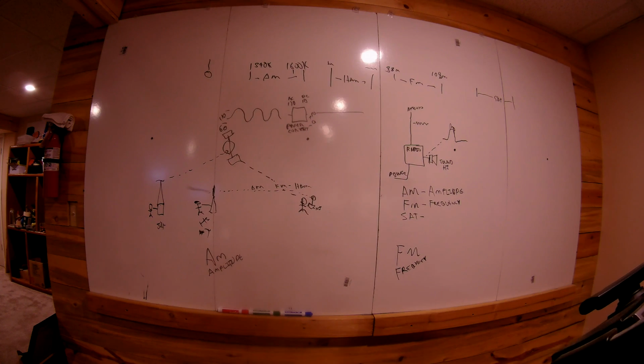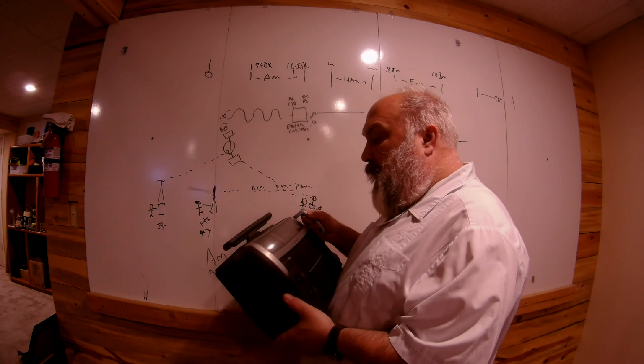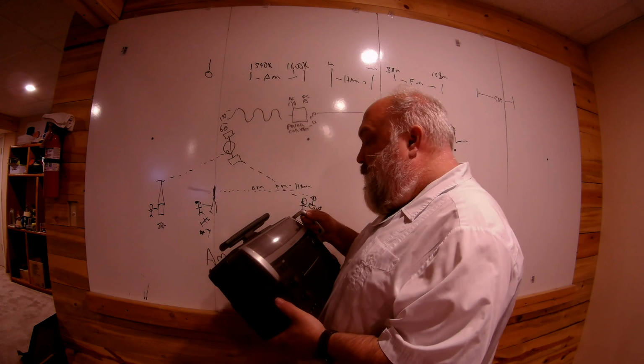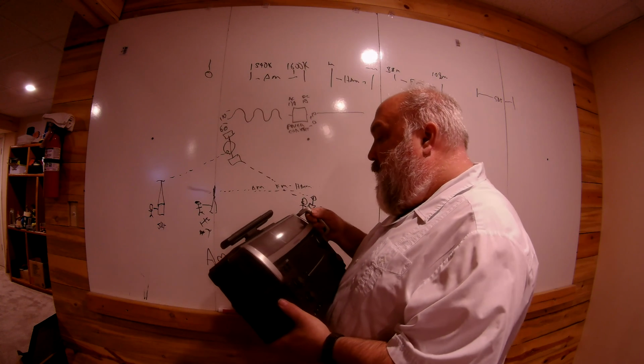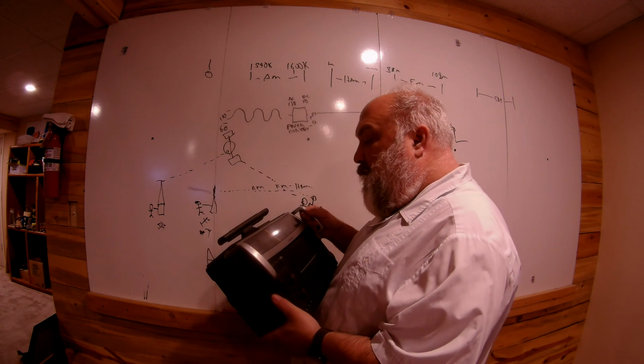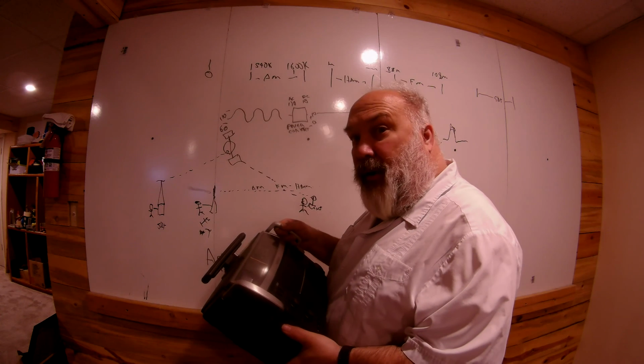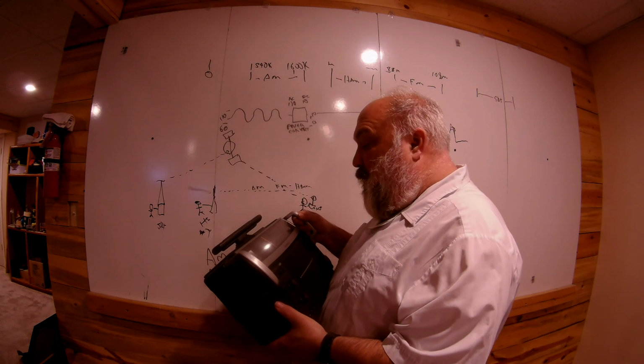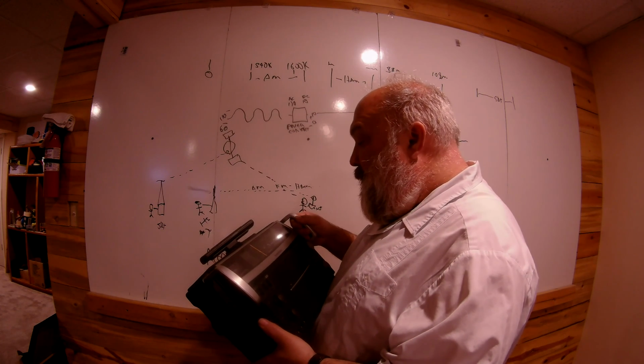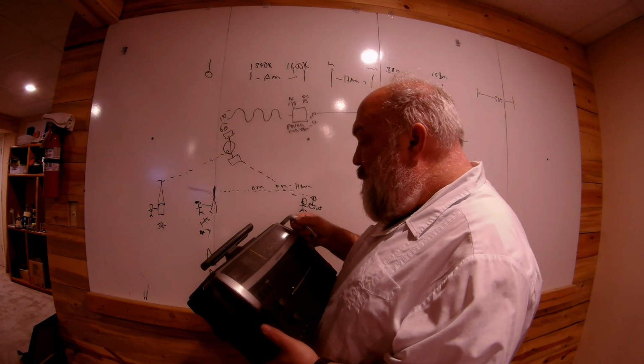So this is what we got. AM is 530 to 1700, which is actually kilohertz. We got citizens band, which is CB, truck drivers, which is 4.5 to 6 megahertz is what it looks like.